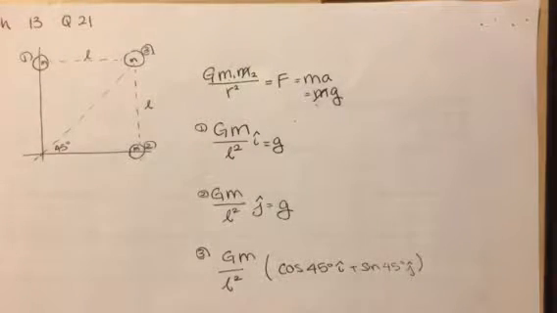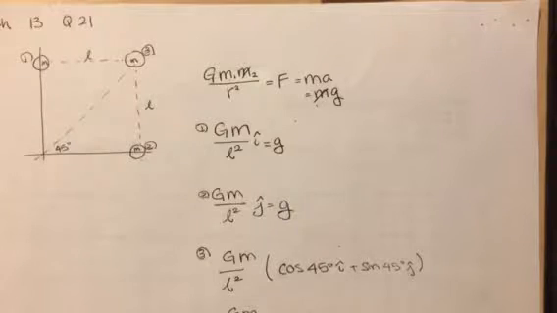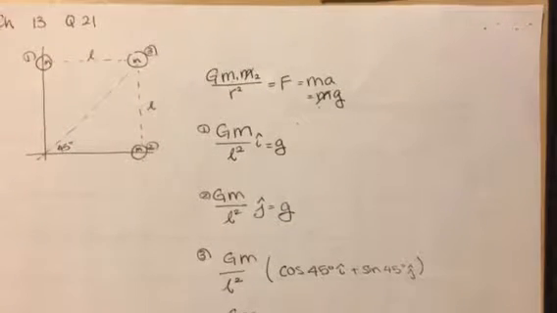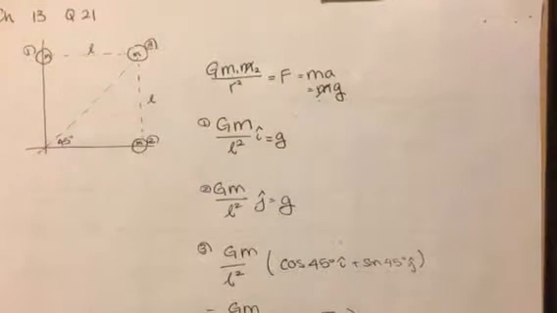That will even out to G m over L squared root 2 i plus root 2 j. Now we are very close. We have just one more step left, and it is to combine all of these forces.